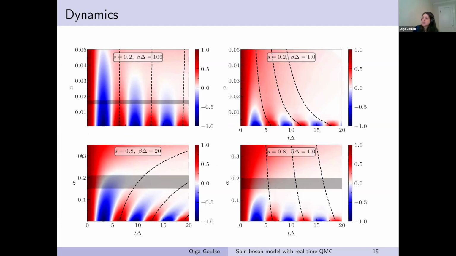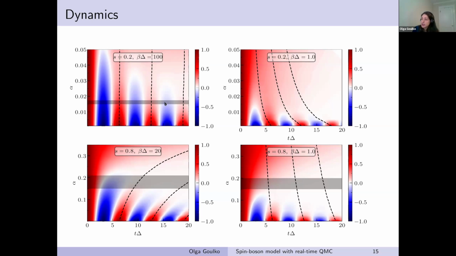On the left-hand side, we have the low temperature regime, and on the right-hand side, the high temperature regime, and on the top, we're very deep in the sub-Ohmic regime, so S equals 0.2. On the bottom, we're closer to the Ohmic regime, S equals 0.8. And so we can see the following things. As expected, we can see that as we increase the coupling, the system becomes more localized.